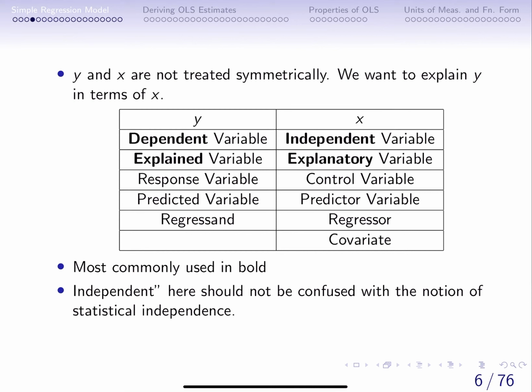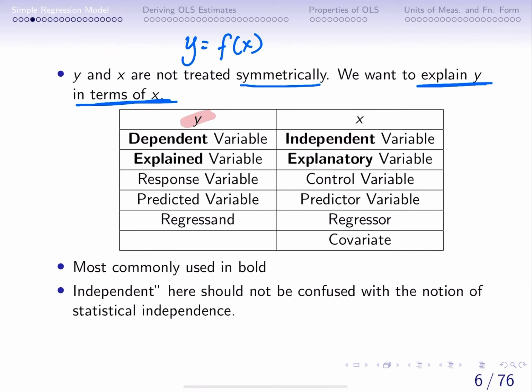Okay, so remember that when we're thinking about y as a function of x, we are not treating y and x symmetrically, okay? What we want to do is explain y in terms of x, and that gives rise to a bunch of jargon that you might encounter, some more than others. So when we think about y, which is what we're trying to explain, for example, crime rates, we can call this the dependent variable or the explained variable.